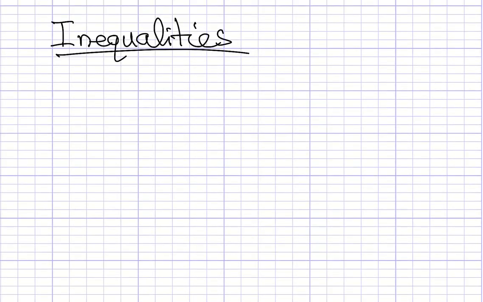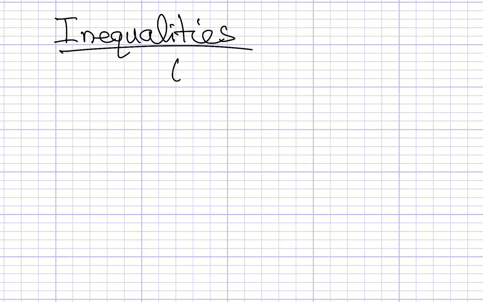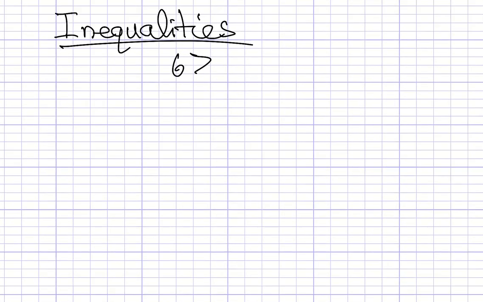Now we're going to deal with inequalities. Recall that initially I told you that 6 is greater than 3 can be represented like this: this is 0, 3 is over here, 6 is over here.